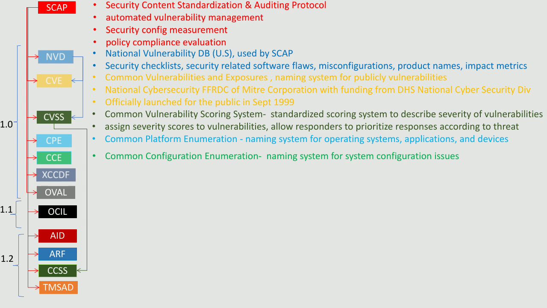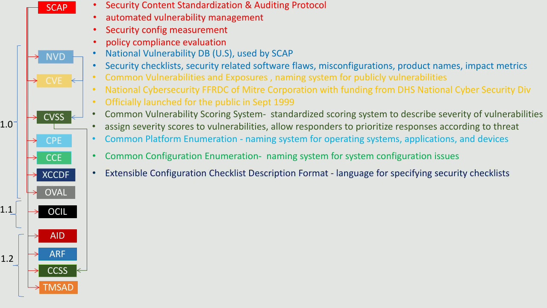And this Extensible Configuration Checklist Descriptive Format is a language for specifying the security checklist, and more specifically it is basically a wrapper around OVAL, which is Open Vulnerability Assessment Language, and it describes the security testing procedure done by this SCAP protocol.